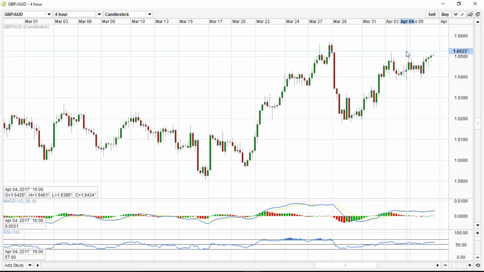So the uptrend would have been confirmed if it broke past this previous high. It's failed to do that actually. You can still see it hanging around here, but we do not have a confirmed uptrend at this stage because it hasn't managed to get past that swing high. All right? Does that make sense? Okay.